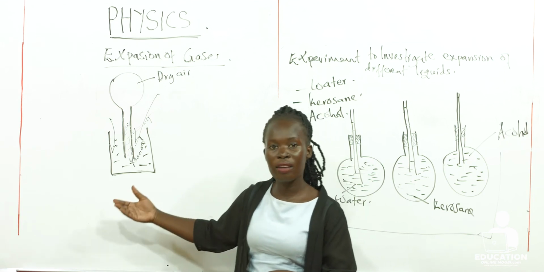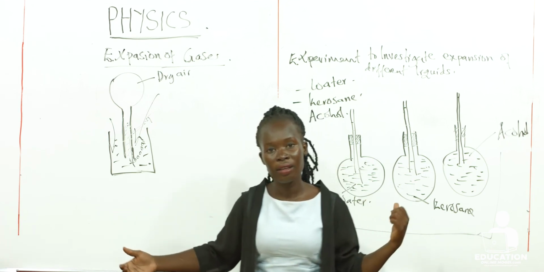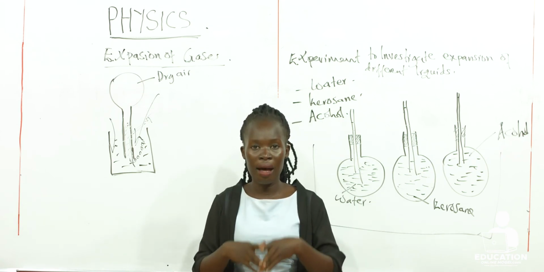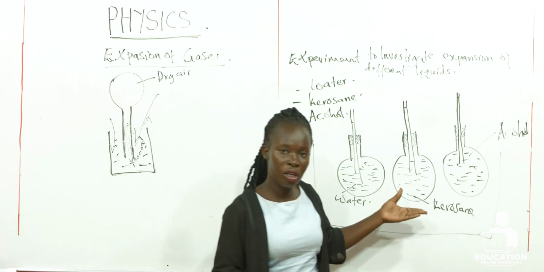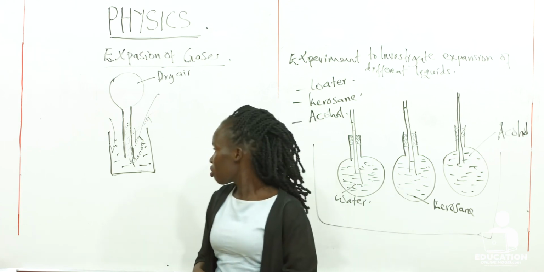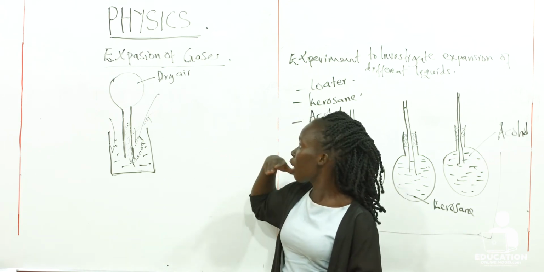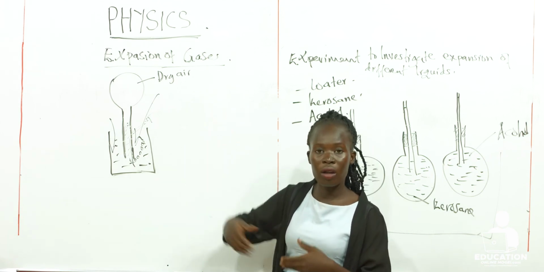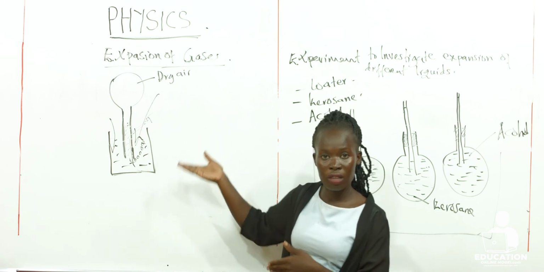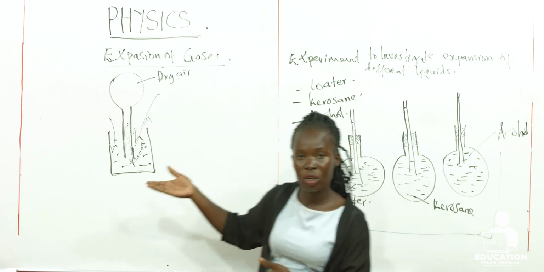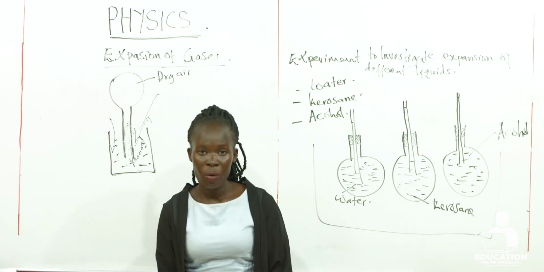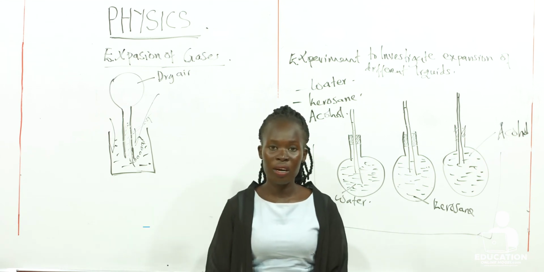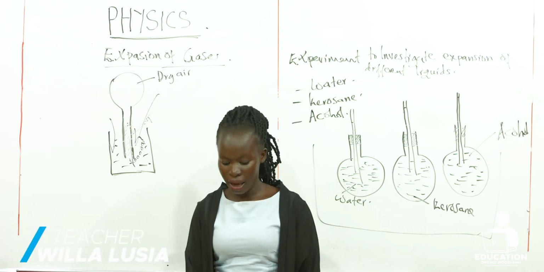Gases also expand more than liquids, because of the nature of their particles, which are even more spaced than the molecules in liquids. So we can apply expansion of air in hot air balloons, and we can also apply it for liquids, in thermometers, where you need to choose a specific liquid that expands with any slight increase in temperature.